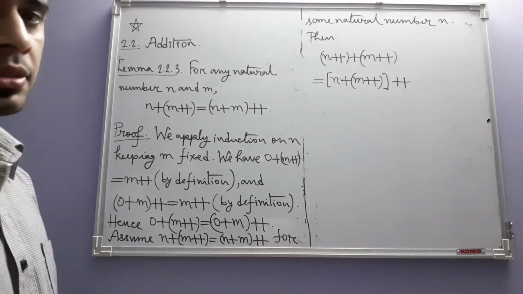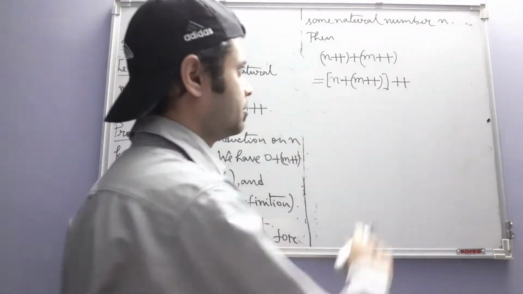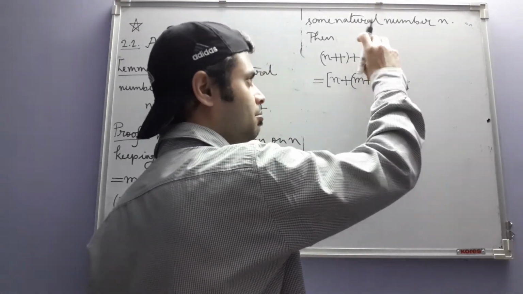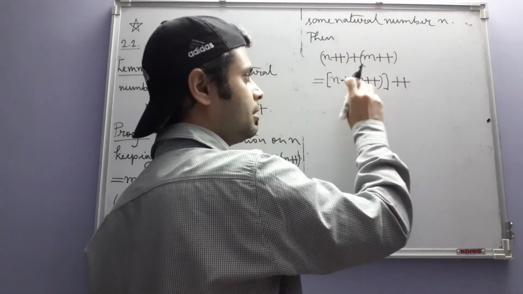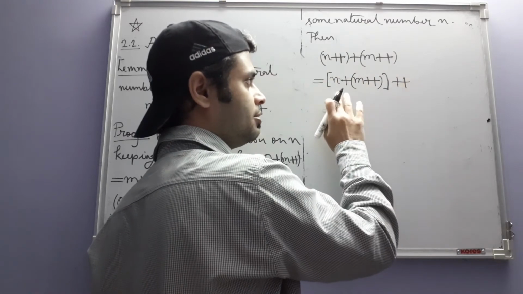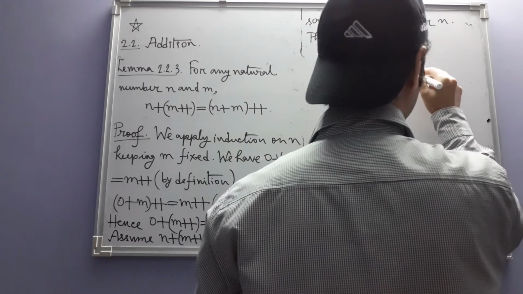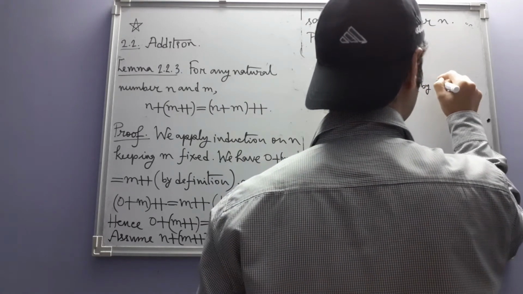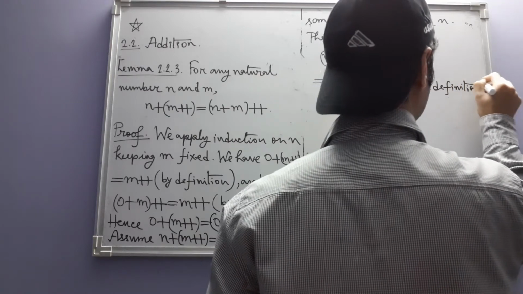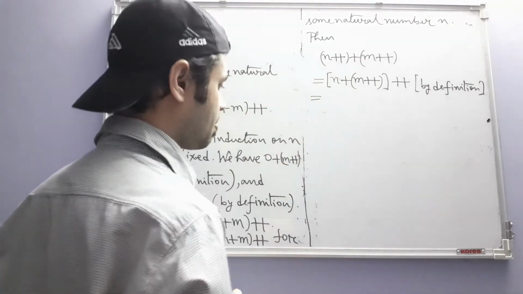How am I getting this? I am getting this from definition. You think of m plus plus as a single natural number, as an entity. Then adding the successor of something to that thing means you add that thing to that thing and take its successor. So here my reason is by definition. That's the justification for this step.